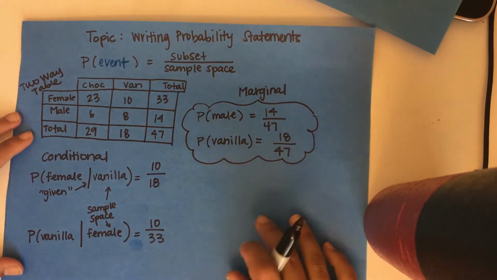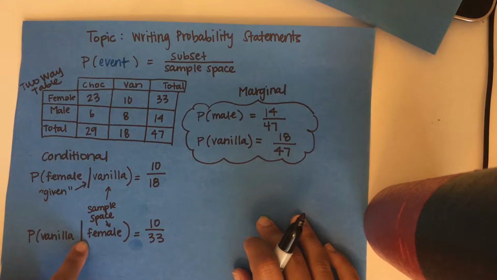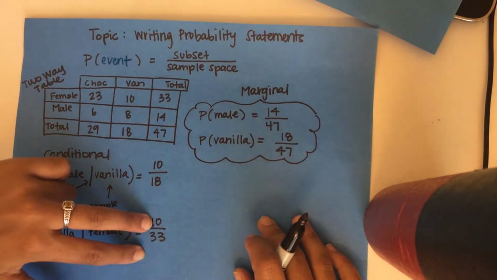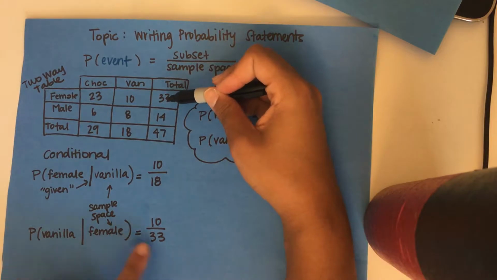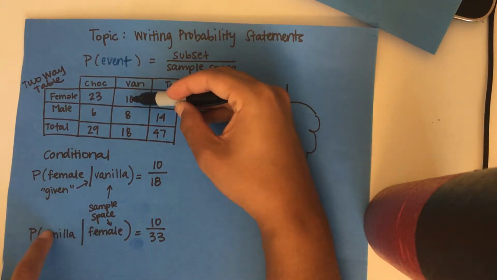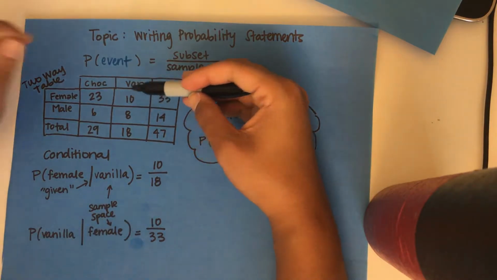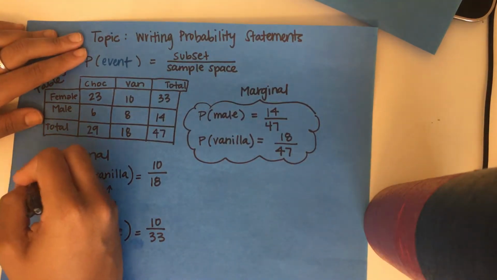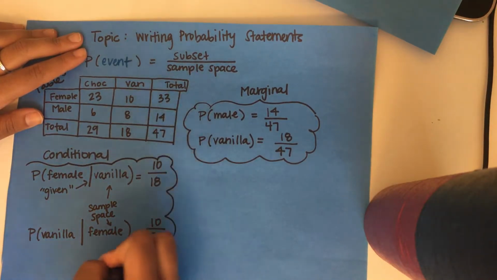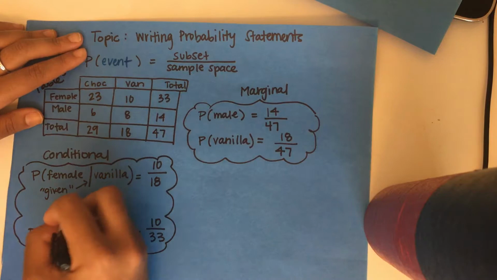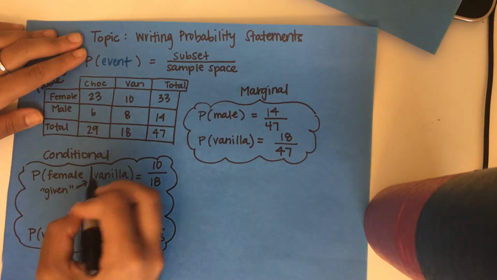An interesting thing that you could think of is this might be like the fraction sign or the division sign, and you're taking these two events and sort of flipping them. So we see all of the females, that 33 is our denominator, and the people who like vanilla and are female are our numerator. So this is an example of conditional probability, where the important notation is this given bar.